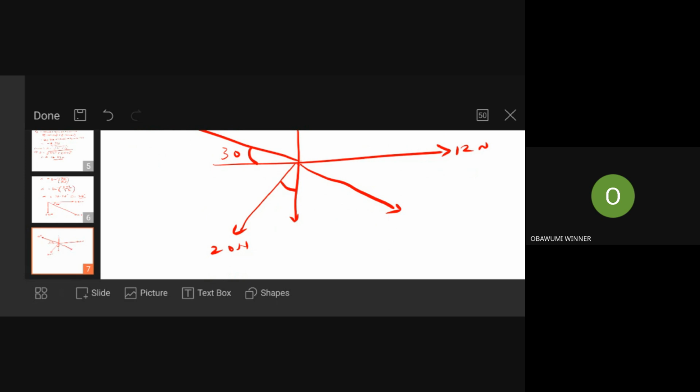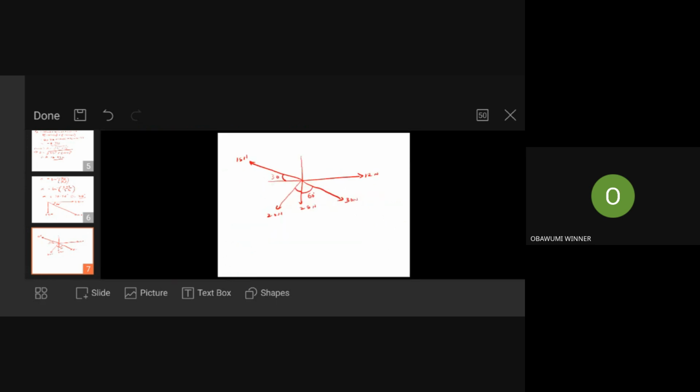And then the one pointing downward, let me call it 25 Newton, which makes angle 90 with the horizontal. Now let me incline this one also to the vertical. So let me call this maybe the angle there, let's give it 60 degrees, and the force should be about 30 Newton. So this is the diagram.